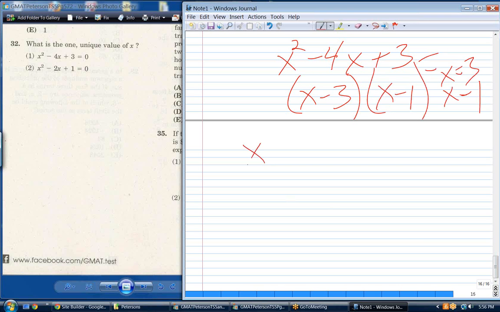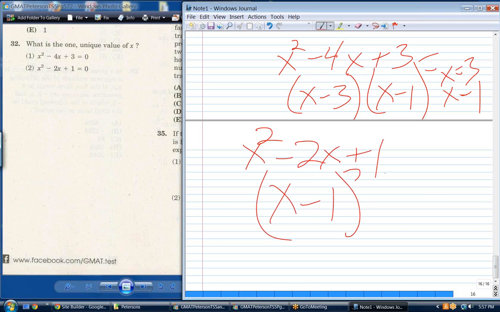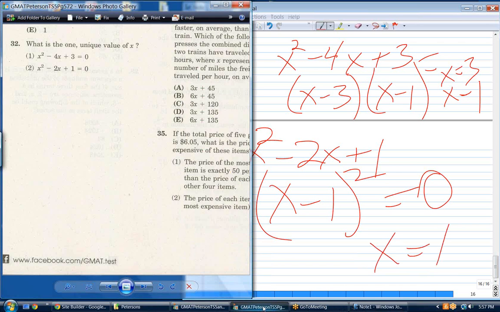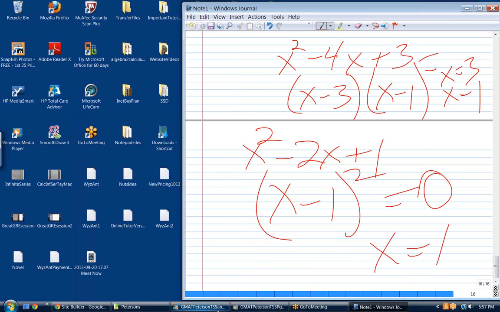The second one is yes, because x is equal to 1. Good. So this should be a B also on 32. And it is.